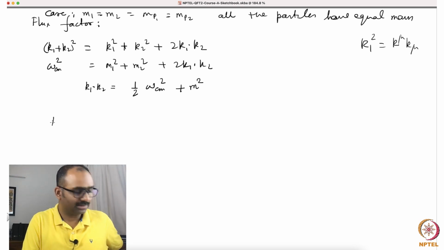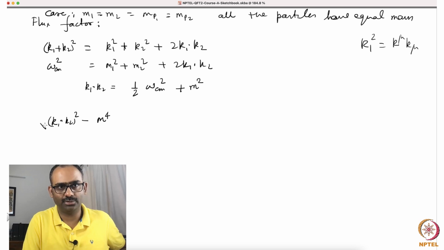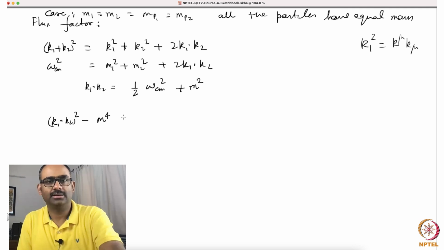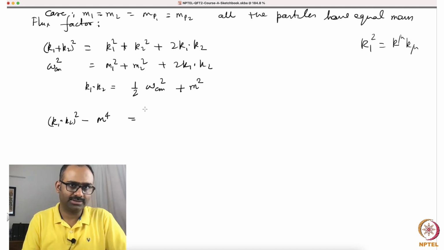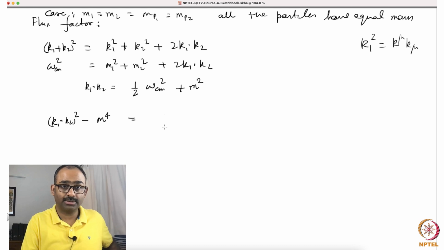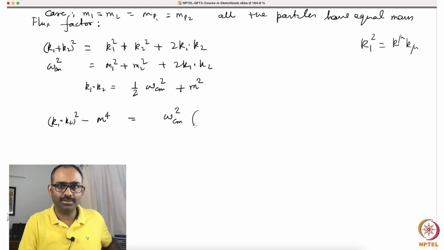Okay, so with that, (k1 dot k2) whole square minus m1 square m2 square, which becomes m to the 4, that square root we need to calculate, and this object is equal to, I will just substitute here, I will just skip some trivial steps. You can check that it should come out to be omega cm square over 4 minus m square. Okay, that is what you should get.